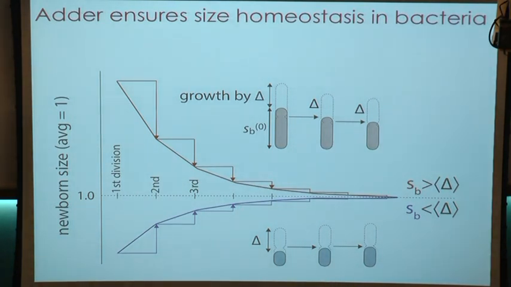Of course, the real picture is a little more complicated because you have to add stochasticity and so on, but this general principle stays true. Exactly, delta is the average newborn size of the population, which has very important implications. Any other questions?